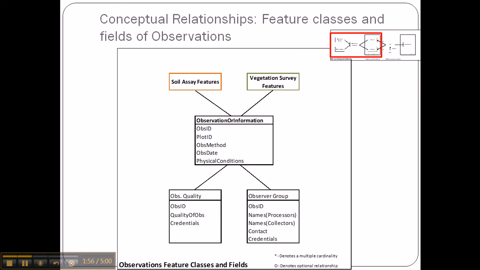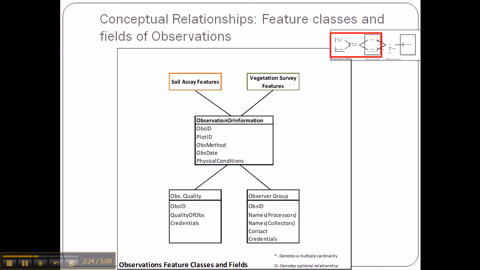For soil assay features, each nutrient or assay for each time point in each plot is given its own unique observation ID. And for the vegetation survey, each species at each time point and at each plot gets its own observation ID. So every single observation literally gets its own observation ID.